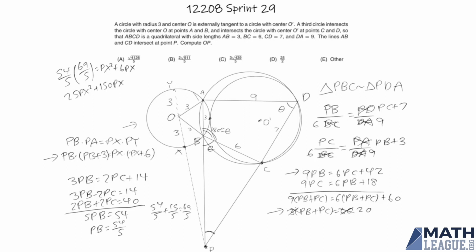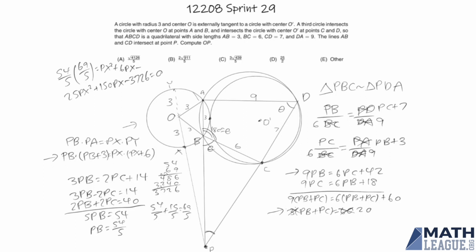Let's move this constant term to the other side. So we get a minus 54 times 69. So 54 times 69, if we calculate it out, we get 3,726, equals 0.